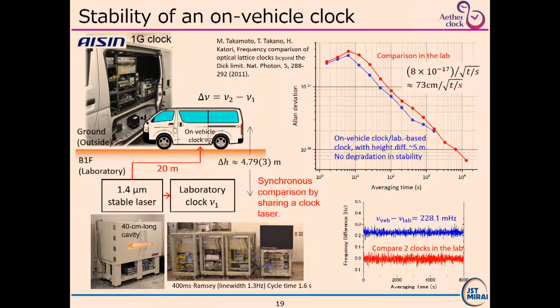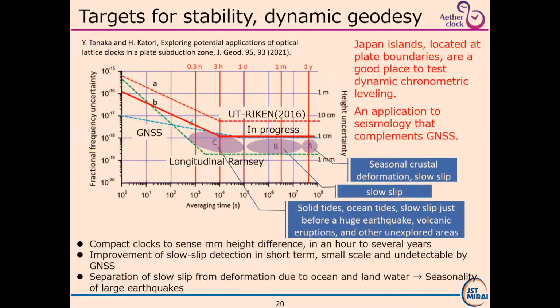Stability goes down to 7 times 10 to the minus 19, even if you install the clock in the car. This is very good. This means if you measure clocks for, for example, 3 hours, then you can resolve a 7 millimeter height difference.